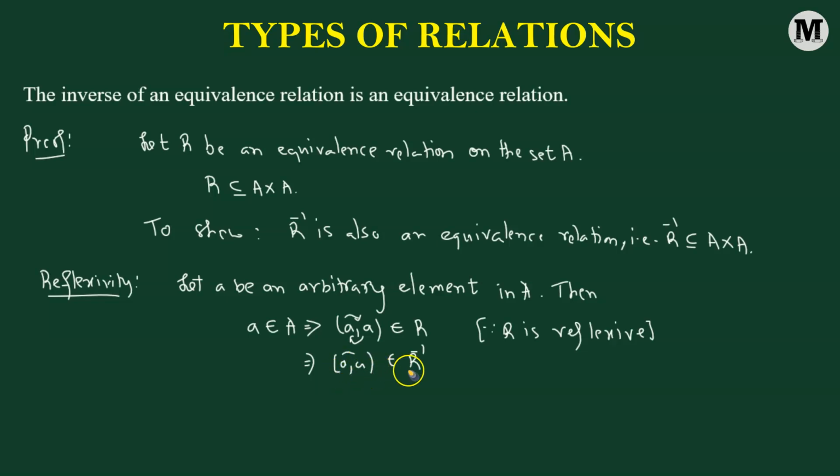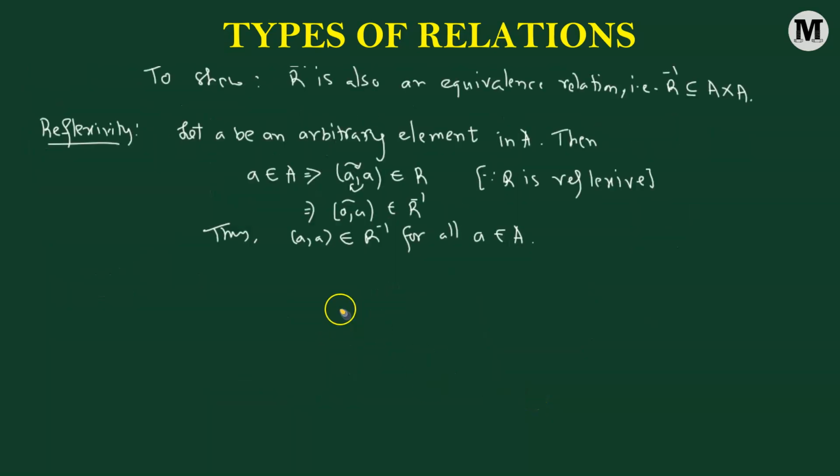By definition, (a, a) belonging to R inverse simply means that the ordered pair (a, a) belongs to the inverse relation R inverse for all a belonging to the set A. So here we have verified that R inverse is reflexive. Okay, so we're fine with the first part.